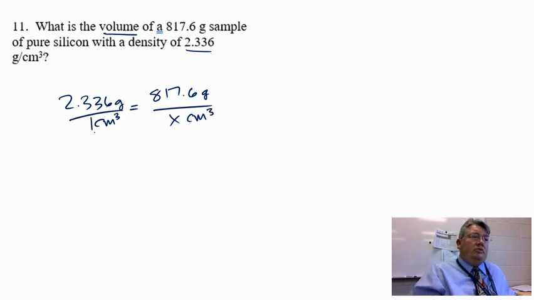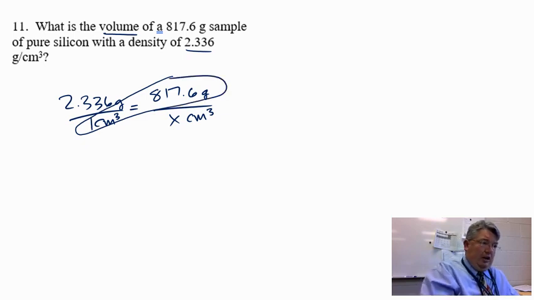Well, I'm going to put this over a 1, and now I multiply these two. I always turn these into a proportion if I can. 817.6 times 1, and then I divide it by 2.336. So let me show you what I typed in my calculator.